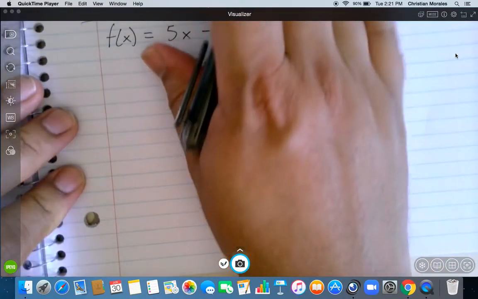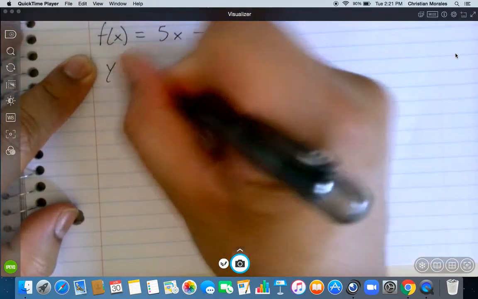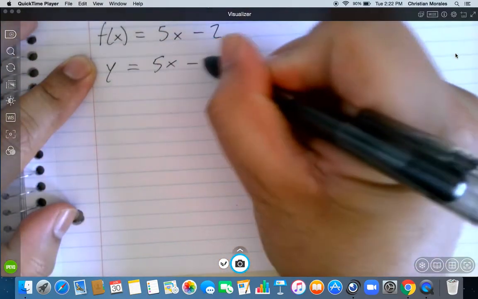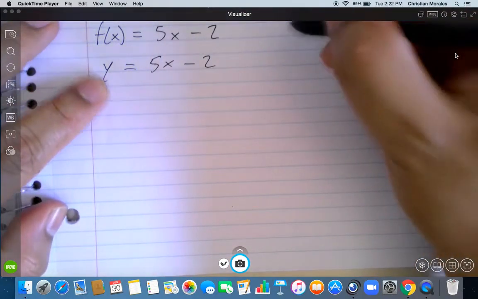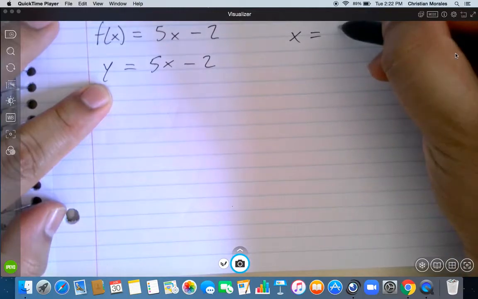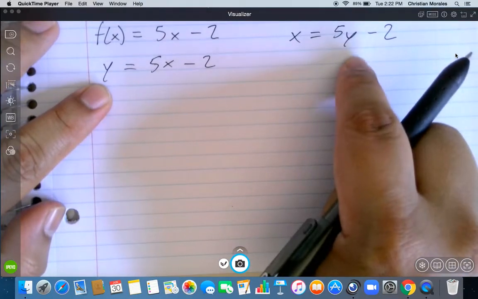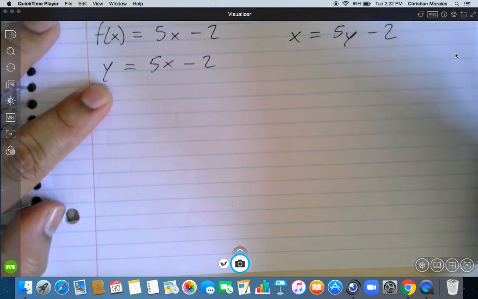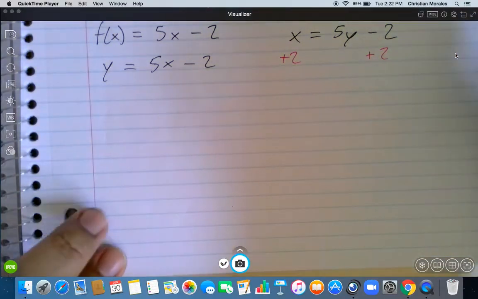Let's do one more. A linear one. Back to the ones you guys know well. y equals mx plus b. But to change it to the inverse function, we switch out x and y, and now we solve for y. Starting with, get rid of that 2.